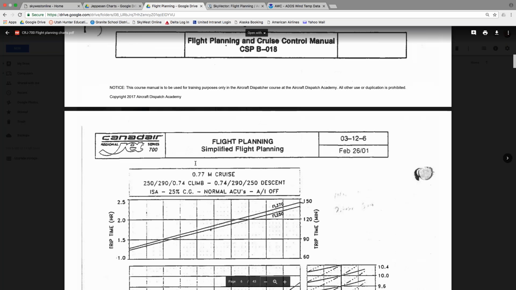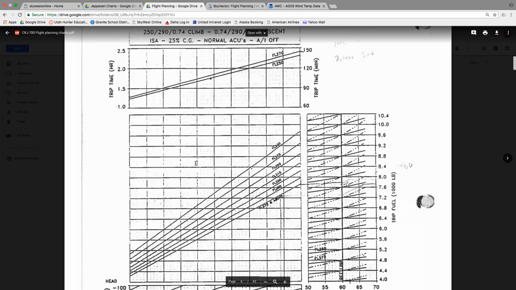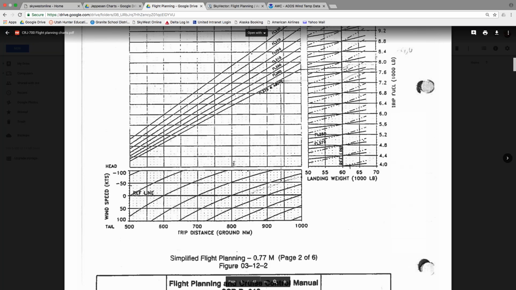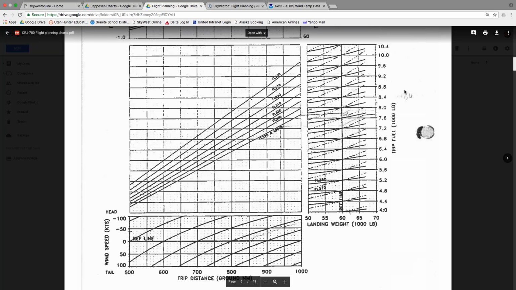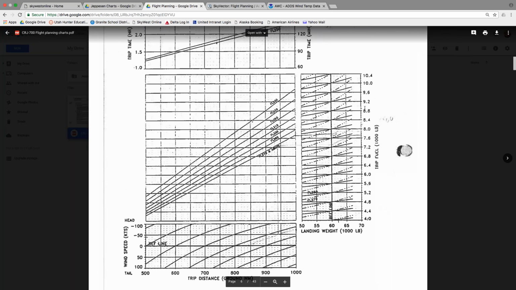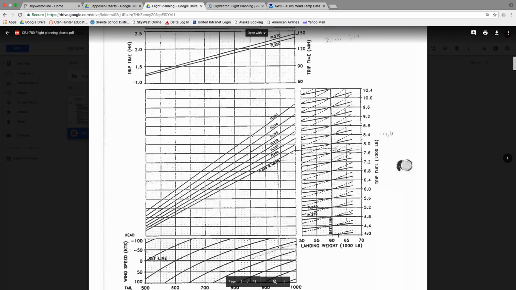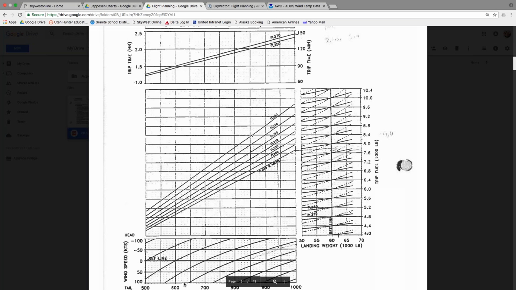So let's see if we can do that really quick. Might need to zoom out just a hair more. Okay. 632 nautical miles, follow that up to our reference line here. 6 knot headwind, follow the contour of the line to about right there.